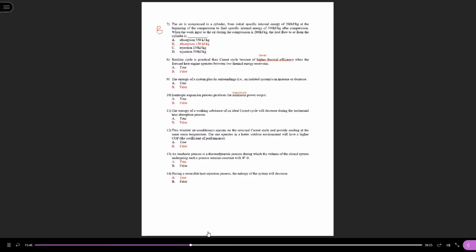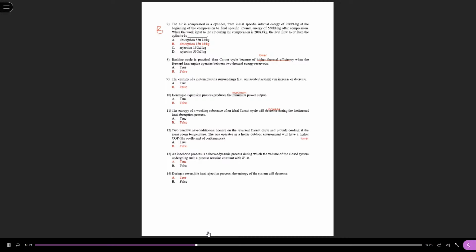And so for 12, the two window air conditioners operate on the reverse Carnot cycle. The one operating in a hotter outdoor environment means a higher condensation temperature, so lower COP. And this is for isochoric, with constant volume.